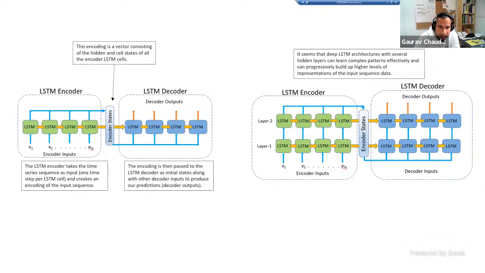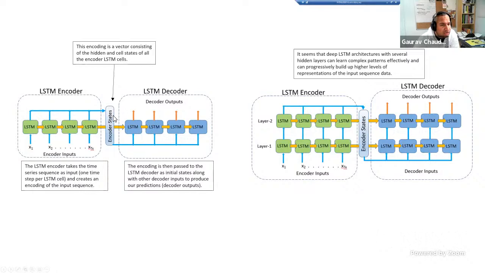So the basic code for an encoder decoder looks like this. You put all your inputs on the encoder side. There is an LSTM cell for each of the inputs. The number of units, number of layers, decides how many times one LSTM will be run. So the LSTM takes the time series as input and creates the encoding of the input sequence.